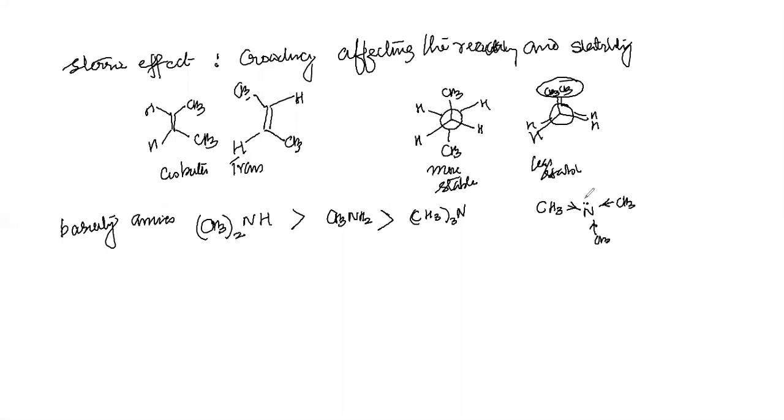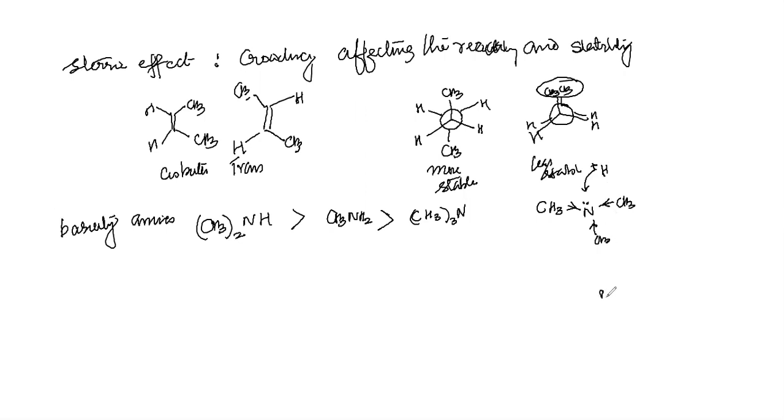So you expect this to be more basic, but it is less basic compared to methylamine or dimethylamine. The reason is, even though there is an increased electron density here, the H plus is not able to approach here because of the presence of these bulky CH3 groups around.